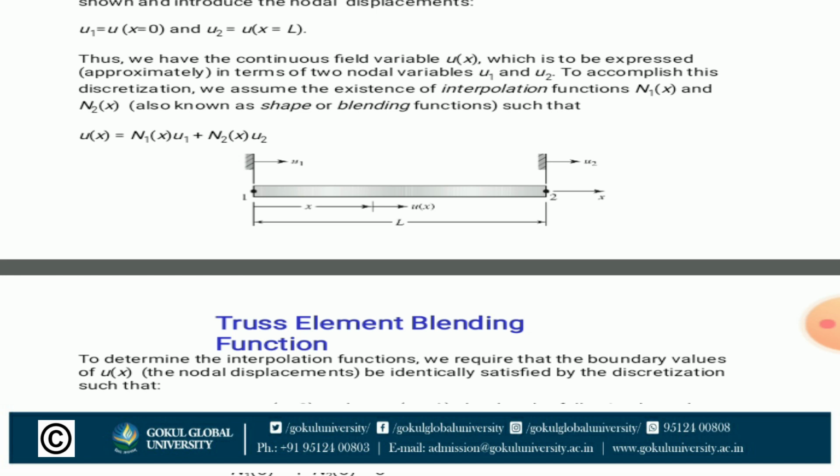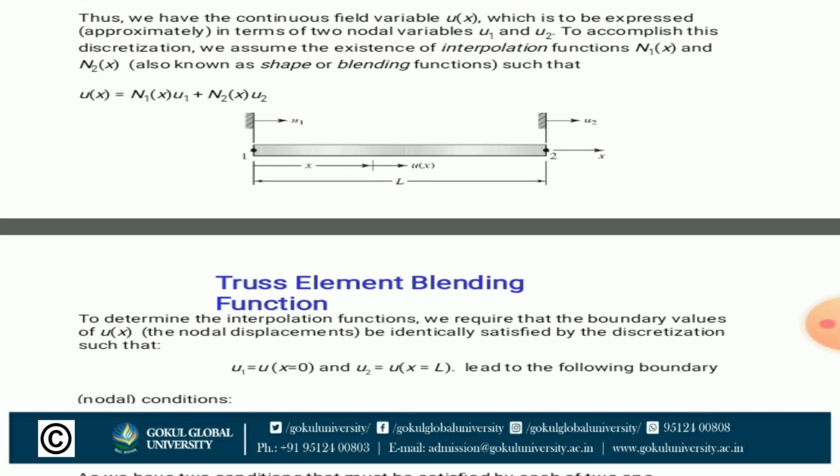And for the other condition, if we substitute x equal to L, N1 becomes 0, and N2 substituted with L is equal to 1. As we have two conditions that must be satisfied by each of the two one-dimensional functions, the simplest form of the interpolation function is a polynomial form, right?